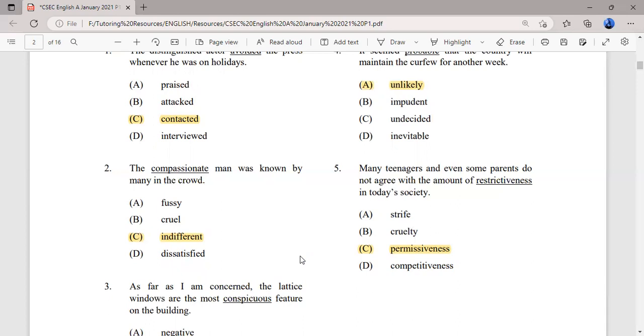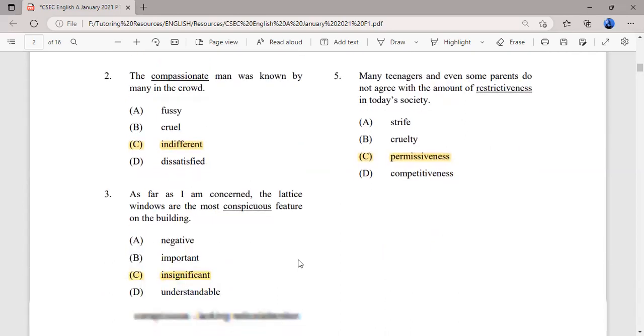Another tip I want to give you is that if you don't know the meaning of a word in either the options or if it's underlined, use your common sense or choose the answer that seems like it makes the most sense. We know that it can't be competitiveness, it can't be cruelty, it can't be strife. So one of the options has to be the answer.